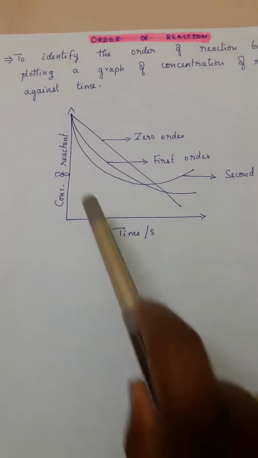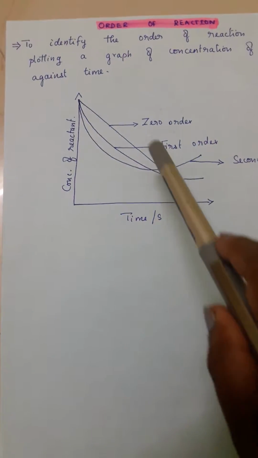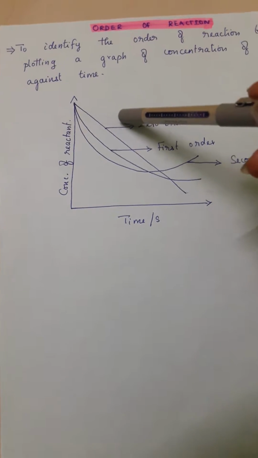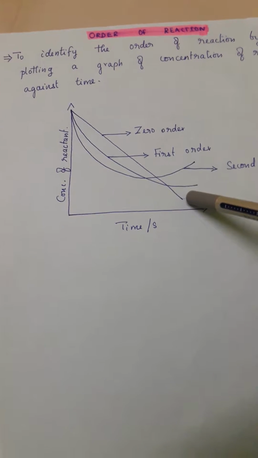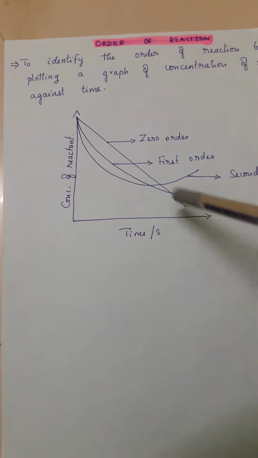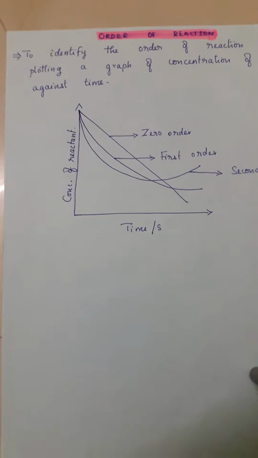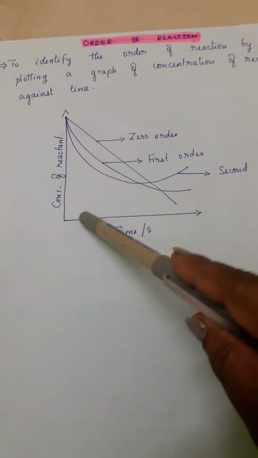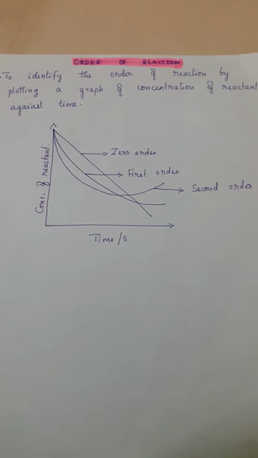If you see those graphs, for a zero order reaction the graph is a descending straight line, right? So the rate of a reaction is the slope of the graph. Here zero order, first order and second order reactions are given, but how will you distinguish between these orders?